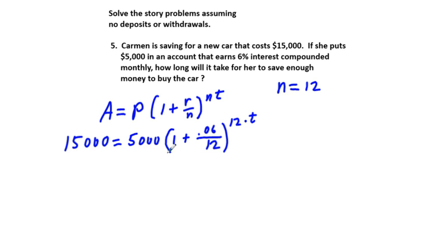We don't know this. And so we could go ahead and solve for this. We divide both sides by $5,000.